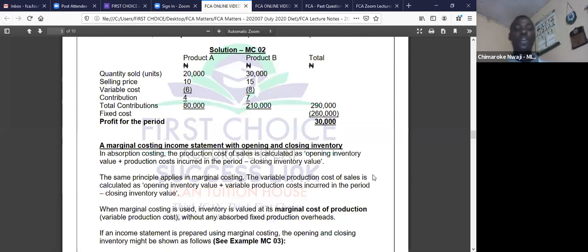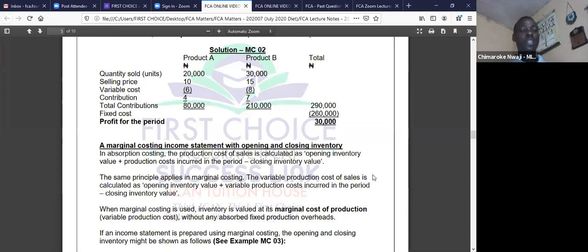Now, in absorption costing, the production cost of sales is normally calculated as opening stock, add production costs during the period incurred. Normally, you either say add purchases or add production costs. Then you less your closing inventory.